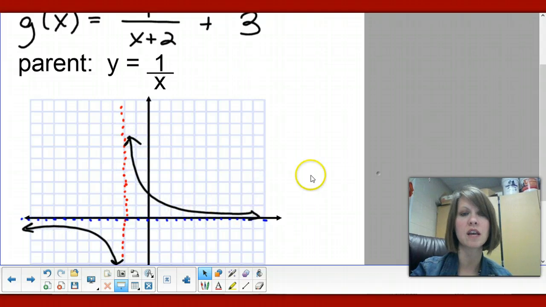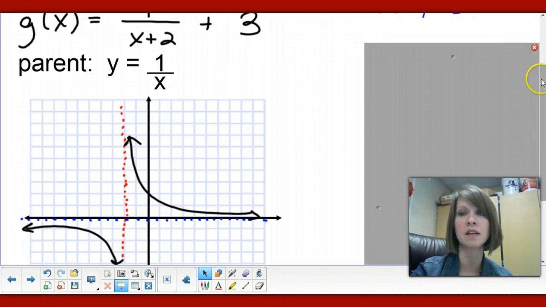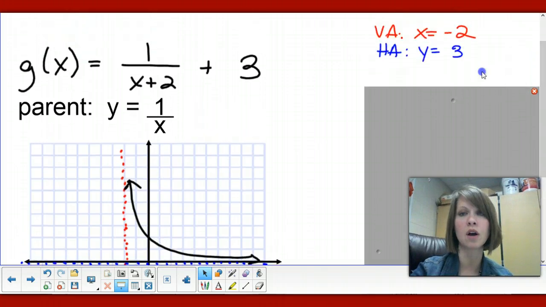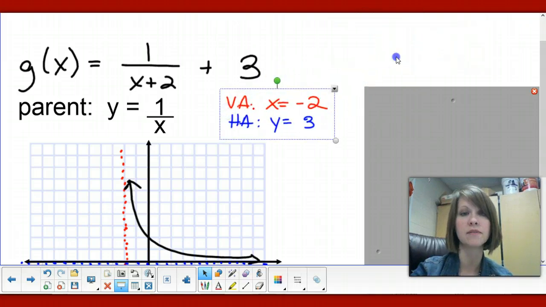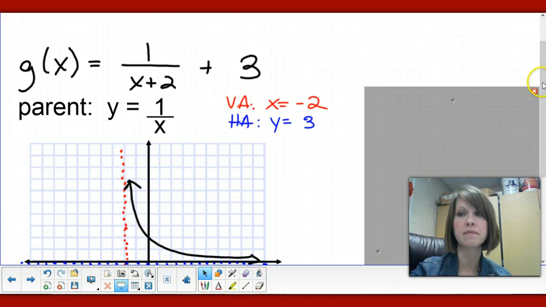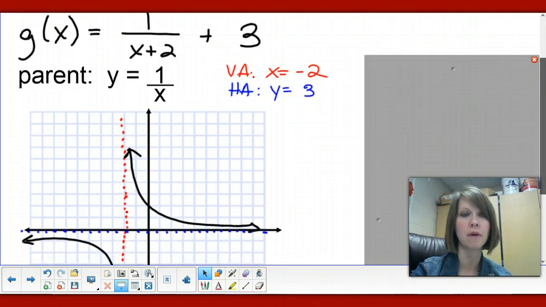Okay? So I've just taken the parent and I've shifted it left 2 spaces. Adding inside a function causes a horizontal shift. Okay, you may have been in the camp saying, I know the vertical asymptote is x equals negative 2 because a negative 2 would make the denominator 0. You would be right. All right, so we've shifted left 2.